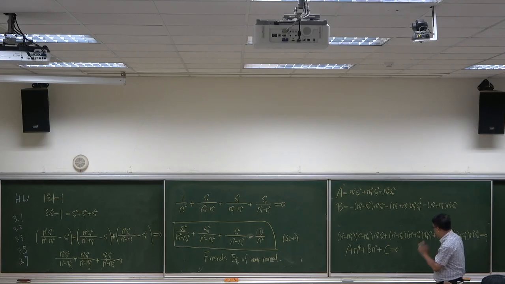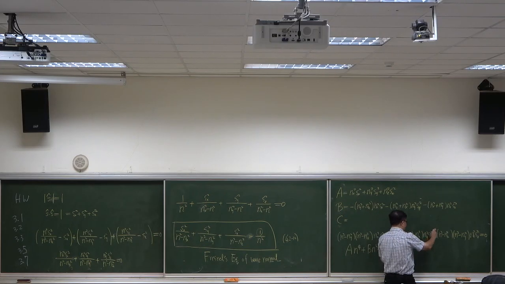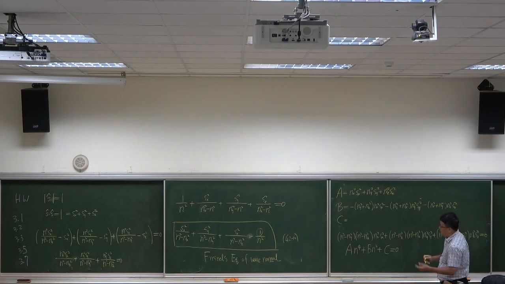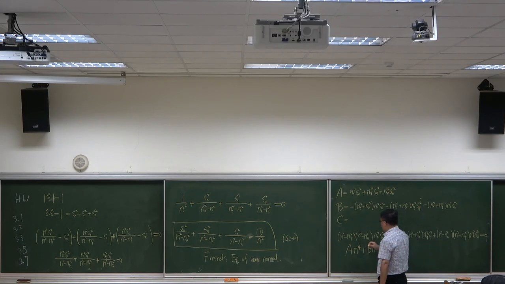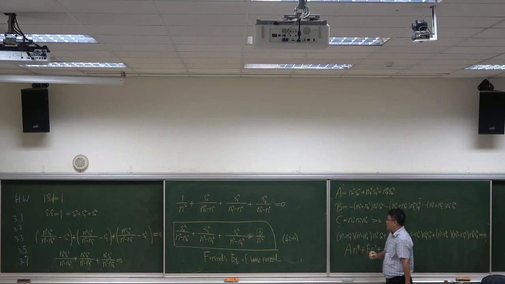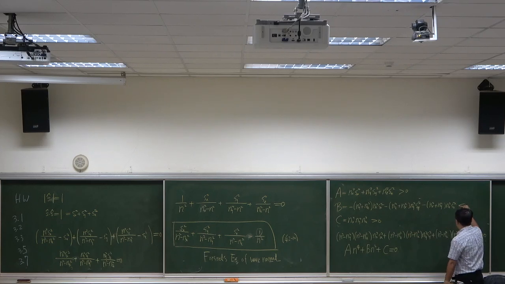And what is C? We have nx squared, ny squared, nz squared times sx squared plus sy squared plus sz squared, and the sum of these three squares gives you 1. So finally C is equal to nx squared ny squared nz squared, and this is a positive quantity. A is a positive quantity, and B is a negative quantity.